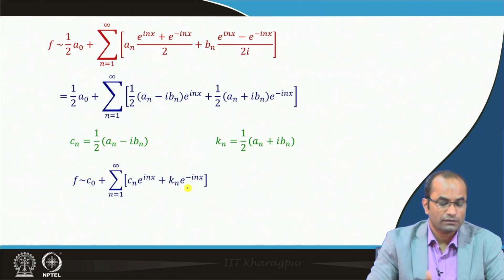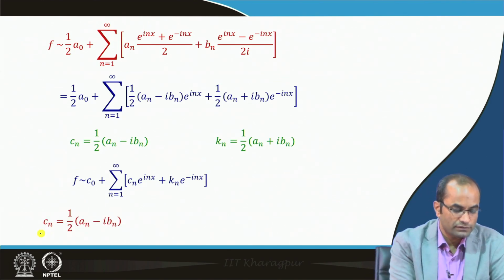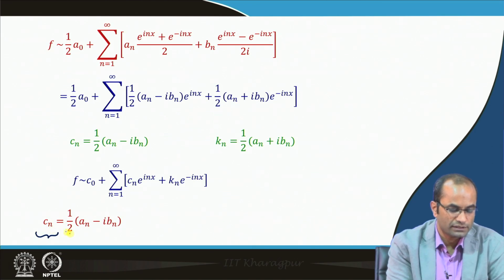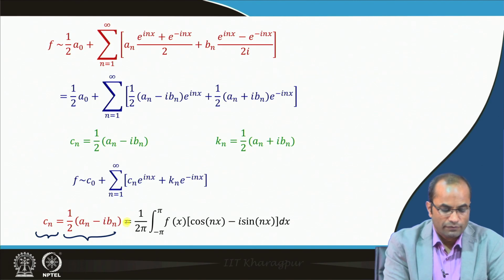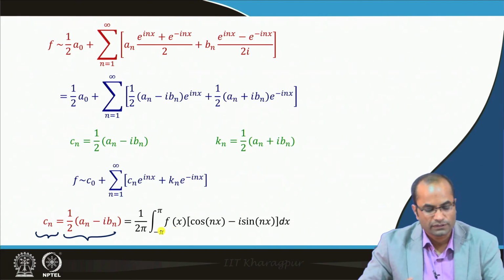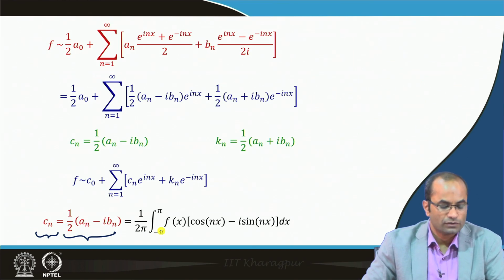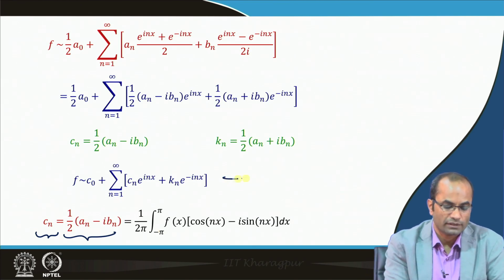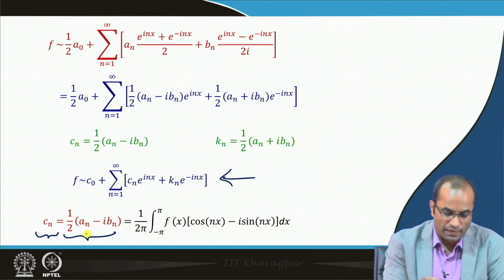So, that is the complex form of this Fourier series, with the coefficients c n equal to half of a n minus i b n. We will further simplify the final expression for c n, and then some more simplifications will take place for this form of Fourier series.